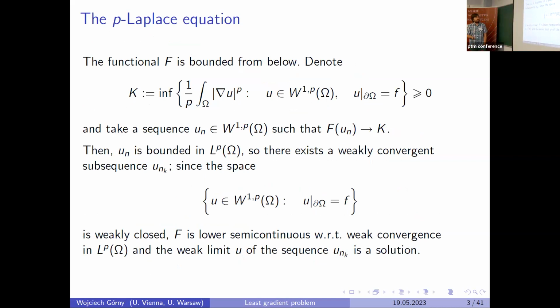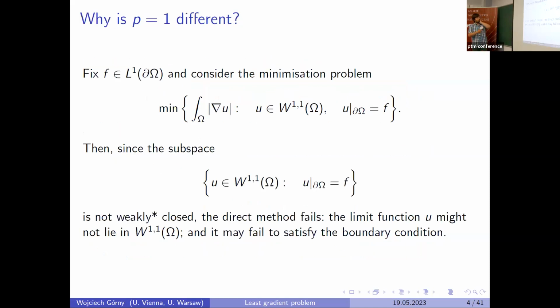The main idea is that if we have a minimizing sequence, it satisfies some energy bound. From the energy bound and the coercivity of the functional, we can get a weakly convergent subsequence. And then the space with the boundary condition here is weakly closed. So the functional is lower semi-continuous with respect to weak convergence. We get a function in the limit, a weak limit. This is a solution.